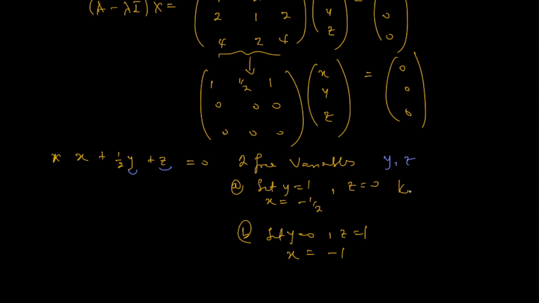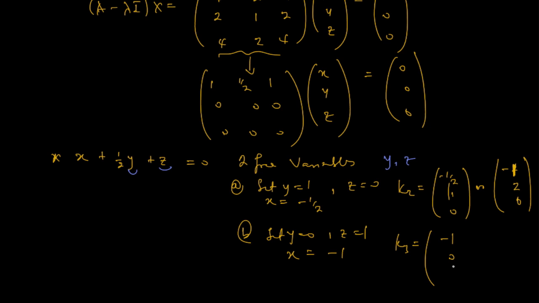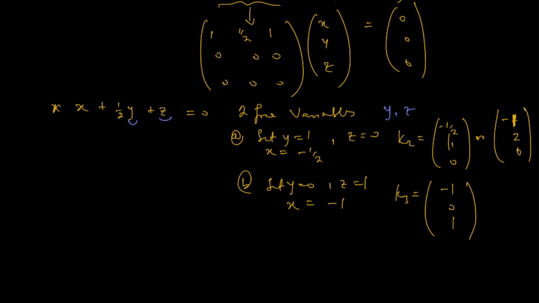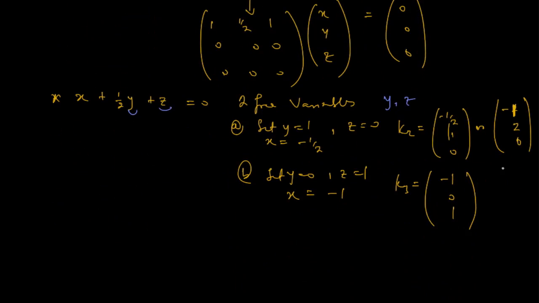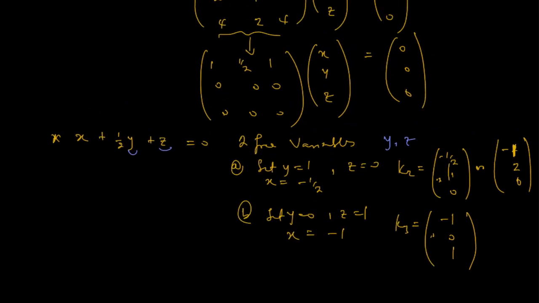So for this part, we have our k2 equals negative half, 1, 0, or by the time you multiply all the entries by 2, you have -1, 2, 0, and then our k3 is going to be -1, 0, 1. So now you observe that corresponding to lambda equals negative 1, I have 2 eigenvectors that correspond to the eigenvalue.